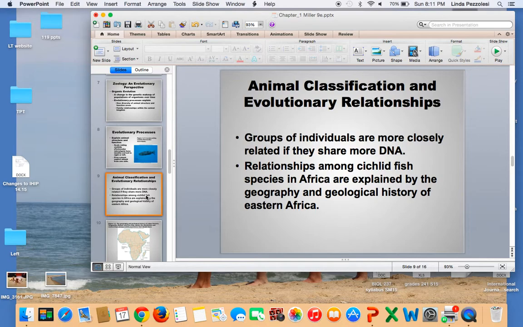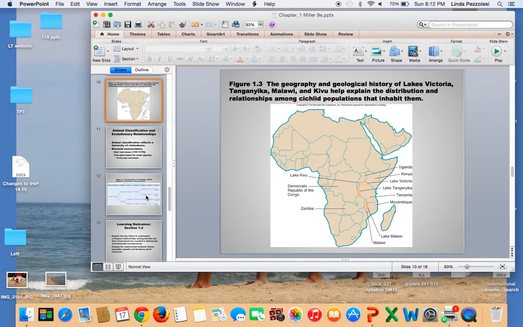If groups of individuals are more closely related, then they share more DNA in common, as you would expect, just like you share more DNA with a sibling than you do a cousin. Relationships among cichlid fish in Africa are explained both by geography and geological history in Eastern Africa.